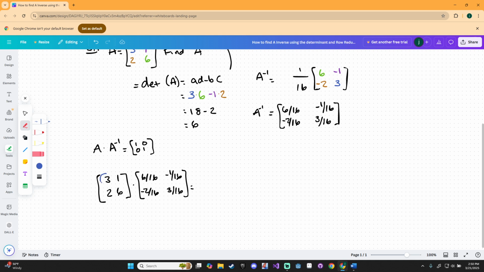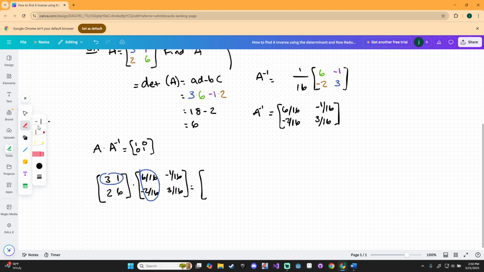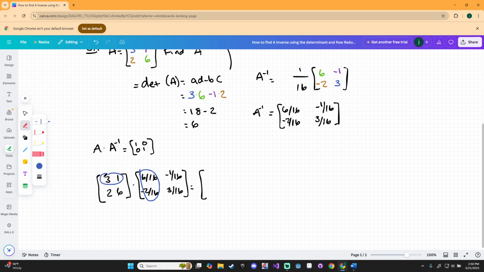We'll do that by doing this row by this column. So what we'll have here is 3 times 6/16 plus 1 times -2/16.